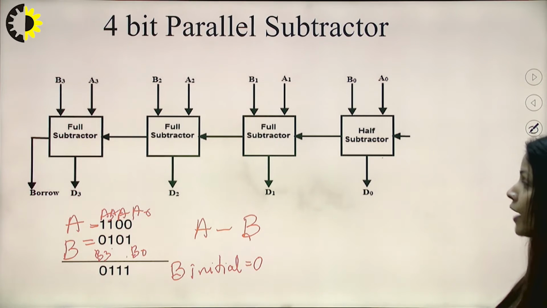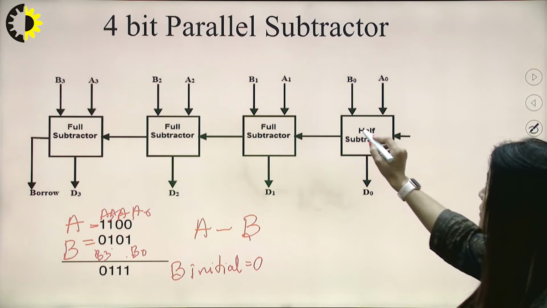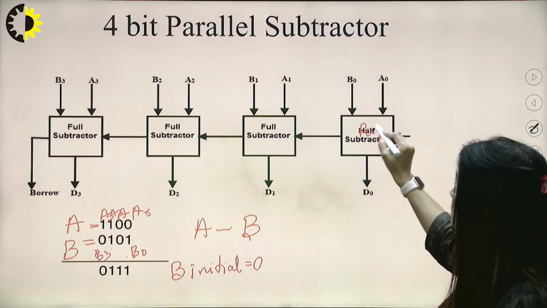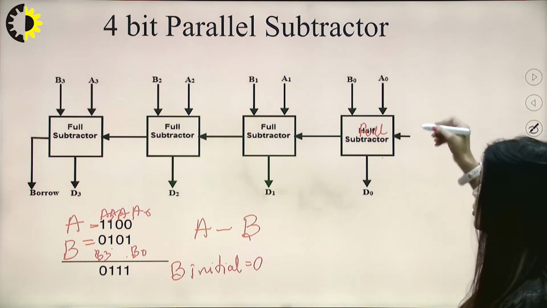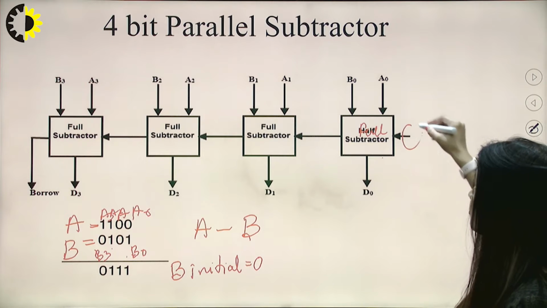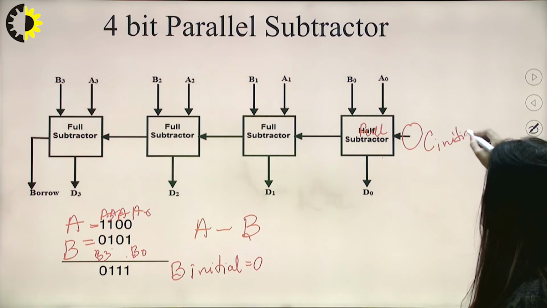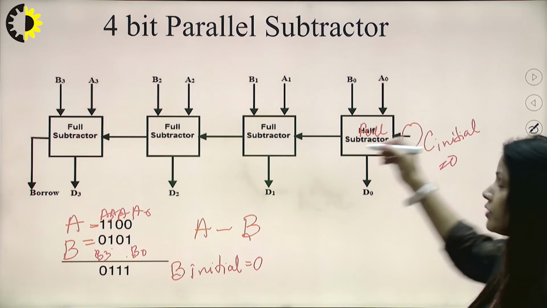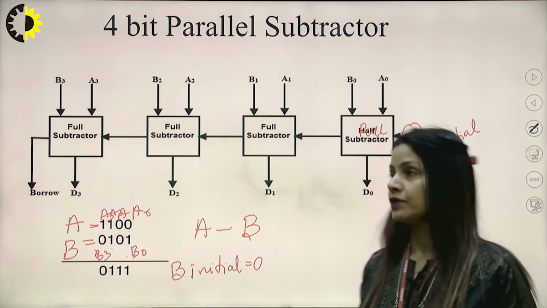So now I will put all these values. This is a full subtractor, or we can take it as a half subtractor because there is no borrow input. Since this initial borrow is equal to 0, we can take it as a full subtractor or half subtractor. Both ways we can perform.